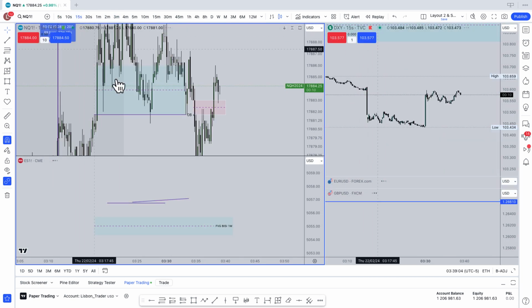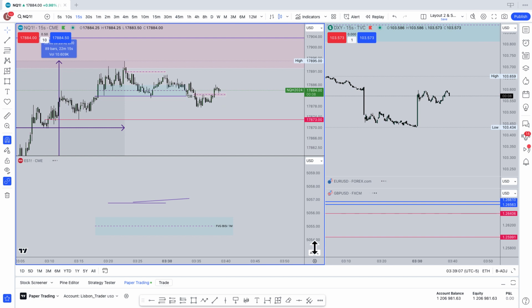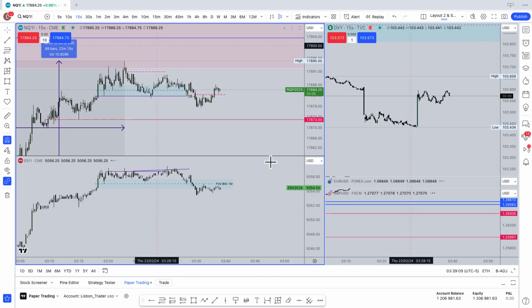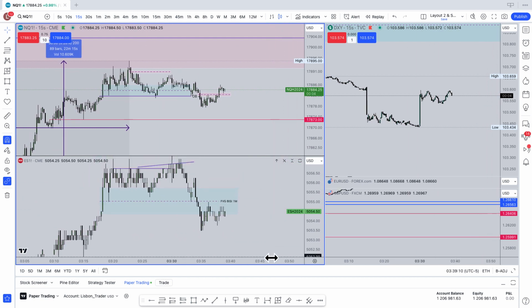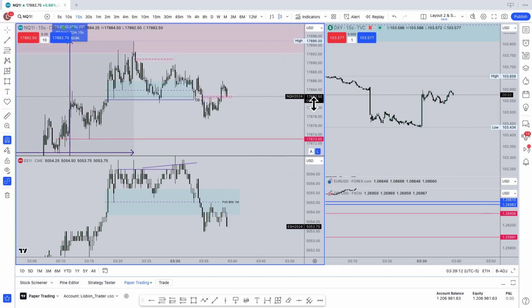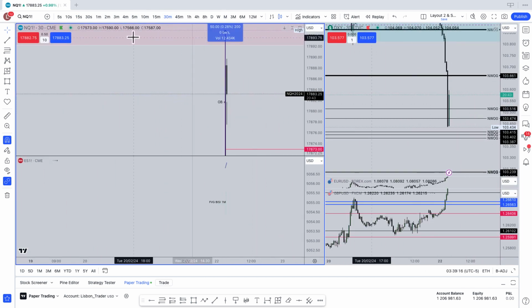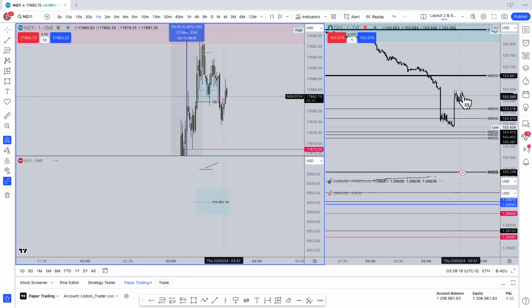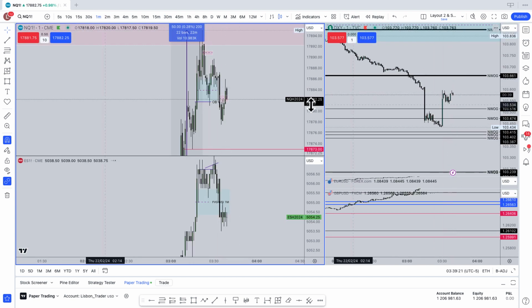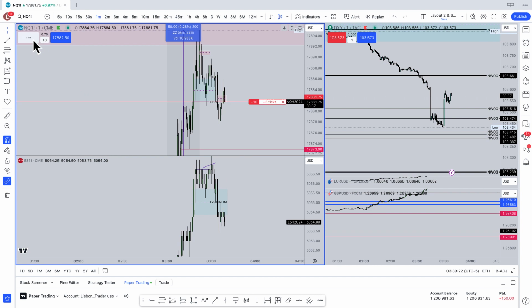Not liking this behavior. What's happening here? So DXY came above, is now, let's see if it wants to tag that level.